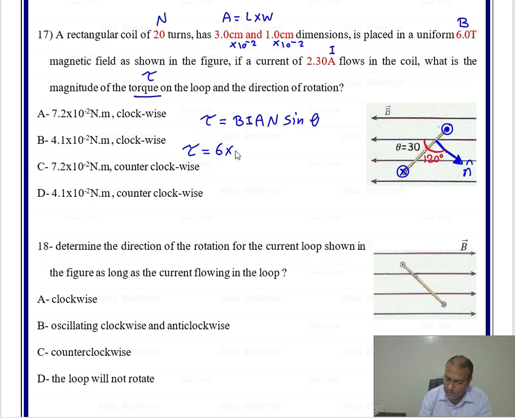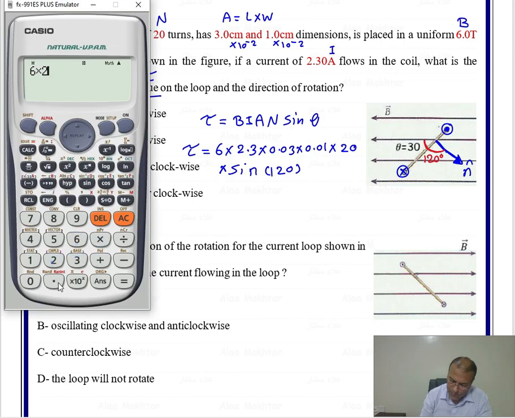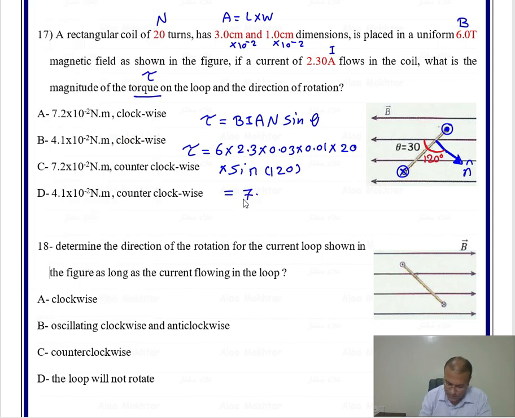B is 6, I is 2.3 A, length times width 0.03 times 0.01, number of turns is 20, multiplied by sine 120. 6 times 2.3 times 0.03 times 0.01 times 20 times sine 120 equals 7.1 or 7.2 times 10 to the negative 2 Newton meter.